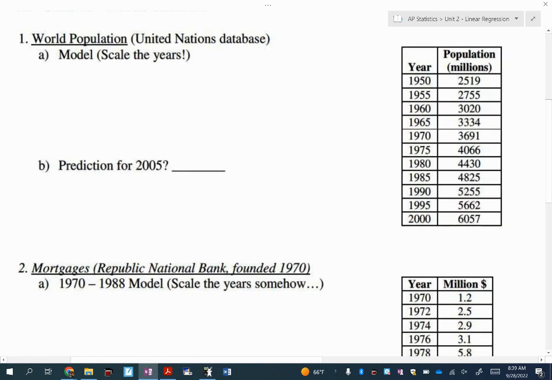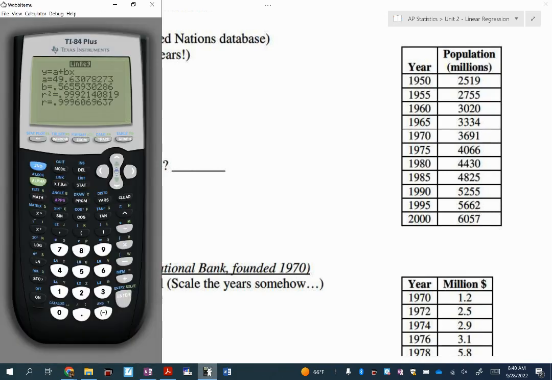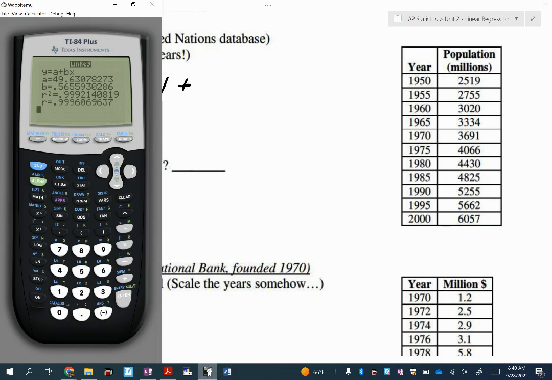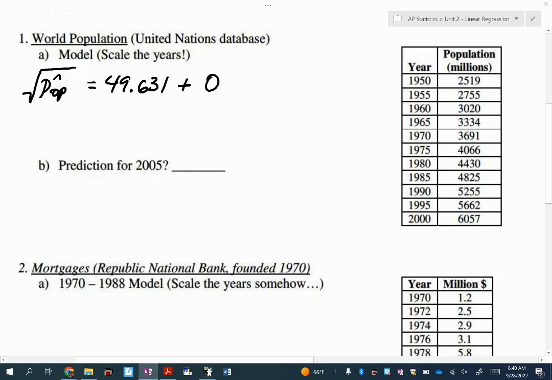Now keep in mind, normally I would write pop hat, but because I decided on the square root, it's going to be the square root of pop hat equals 49.631 plus my slope is 0.566. Again, I'm rounding, but when I use the model in my Y1, it's not going to round.